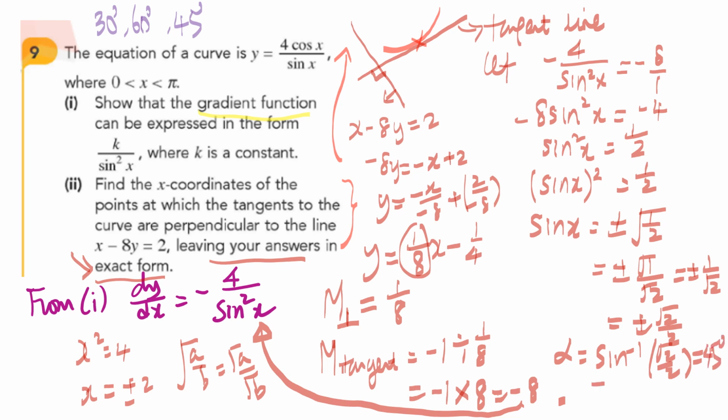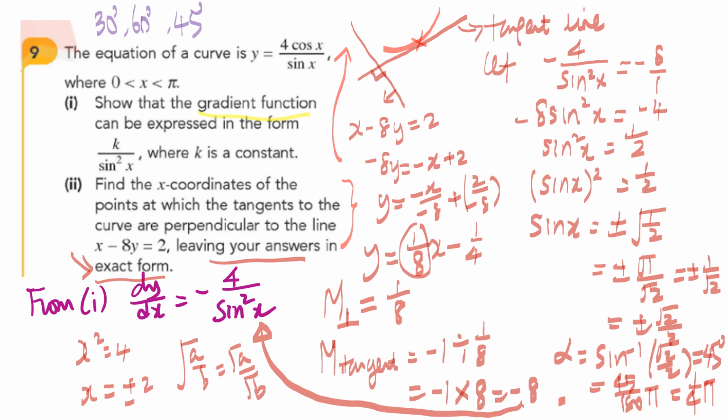Okay, so we mentioned earlier on that when you do differentiation involving trigo, the angle given has to be in radian mode. So we convert 45 degrees into radian mode. That will be 45 over 180 pi, and that actually gives you 1/4 pi.